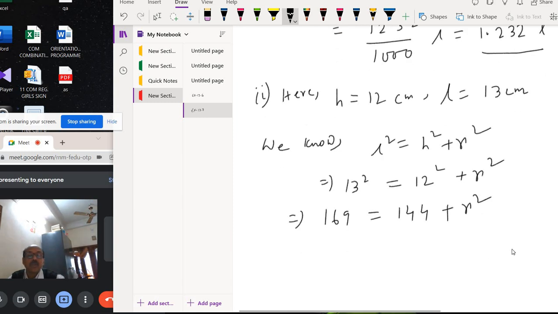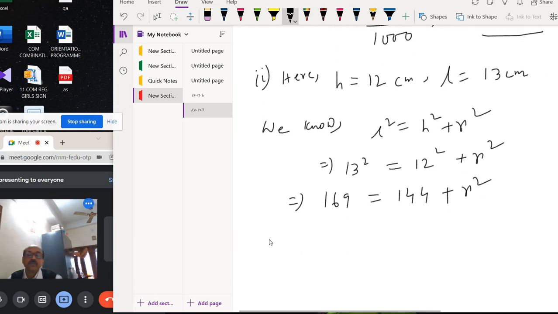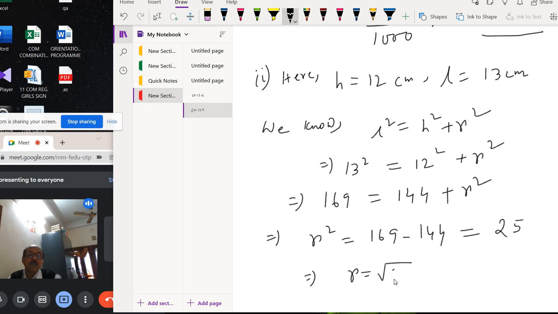R square equal to 169 minus 144, so R square is equal to 25. Under root 25 equal to 5. So R equal to 5 centimeter radius.